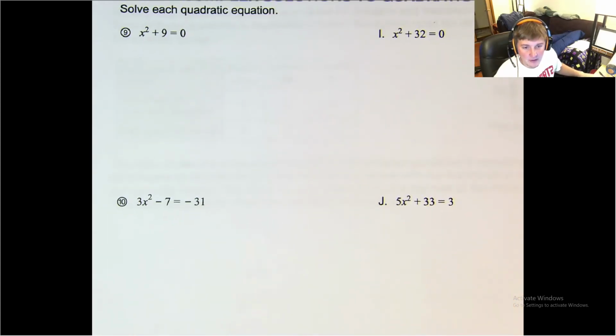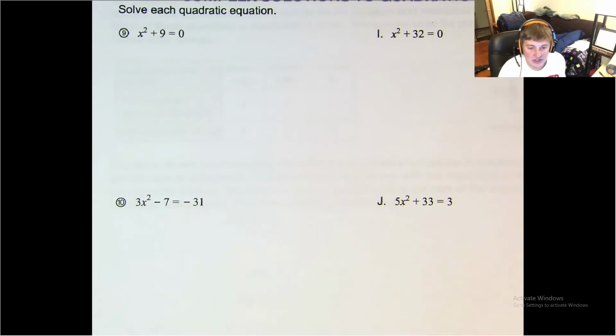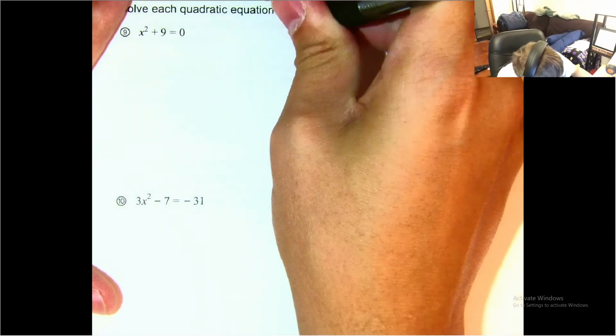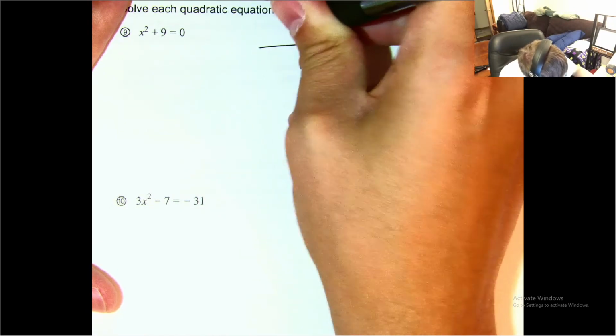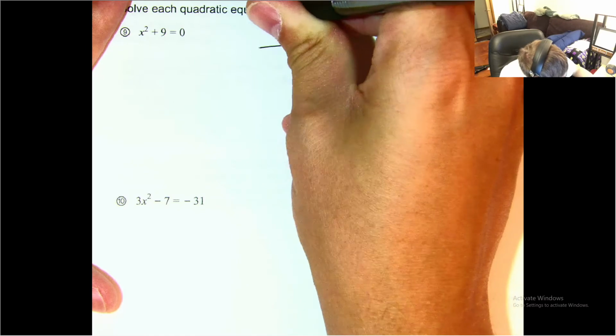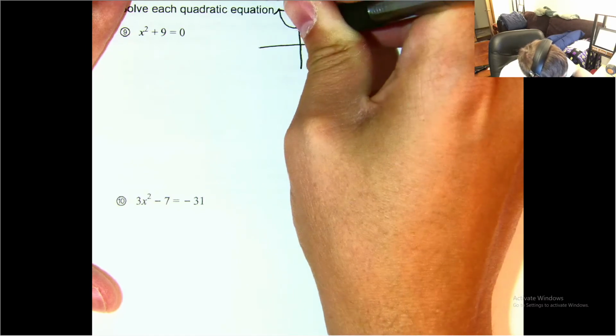Okay? So what I would like to do is talk about this first problem conceptually, and then try to figure out what the meaning of our solution is going to be. So if I have x squared plus 9, this is going to be a parabola opening upwards, based on what we did in our third chapter.